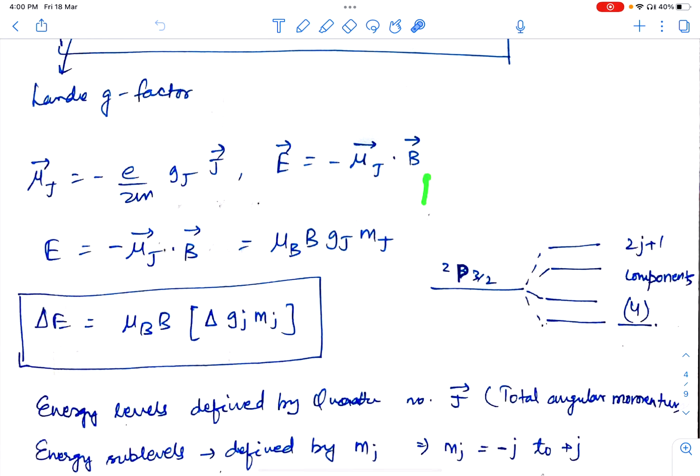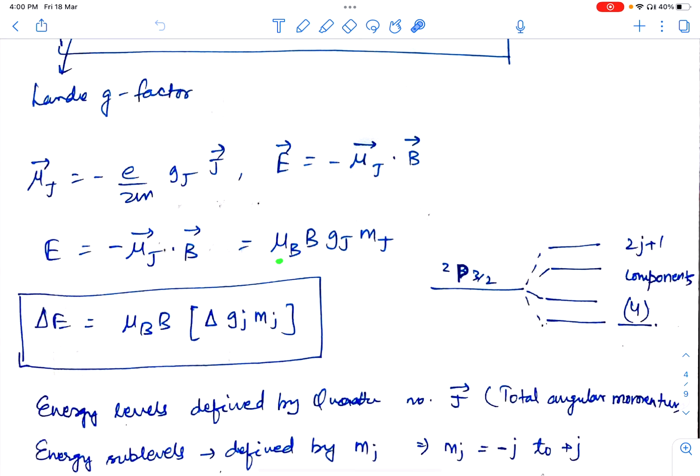Now we know that we have applied the magnetic field in the z direction, suppose. So we have to take the z direction component of mu J. So it will be mu J, mJ, right?